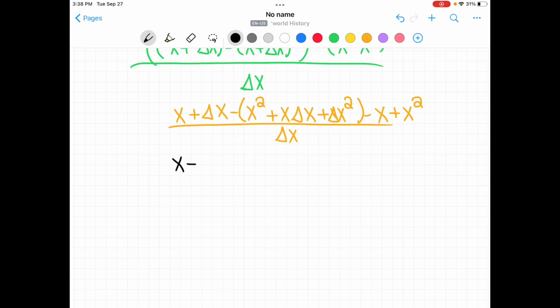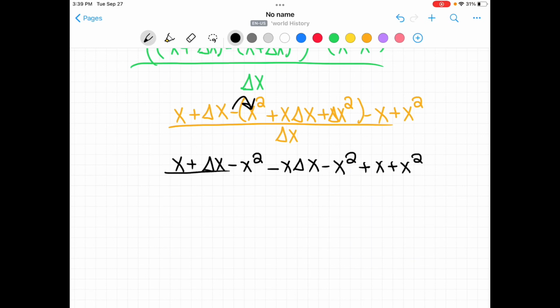We're going to just go ahead and distribute this negative again. So it'll be negative x squared minus x times delta x minus x squared plus x squared all over delta x. Now we're going to go ahead and cancel some things out.